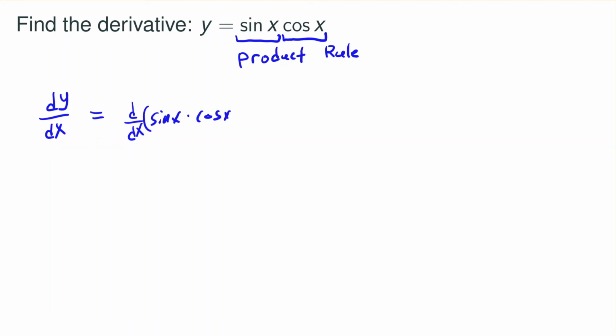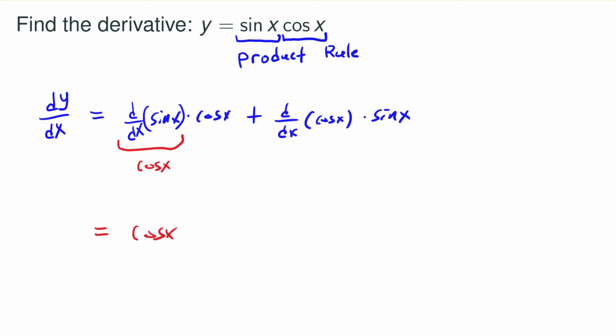Now here we're taking only derivative of sine, plus derivative of second function, cosine x, times just the first function. So then we know derivative of sine x is just cosine x. So we have cosine x times cosine x.